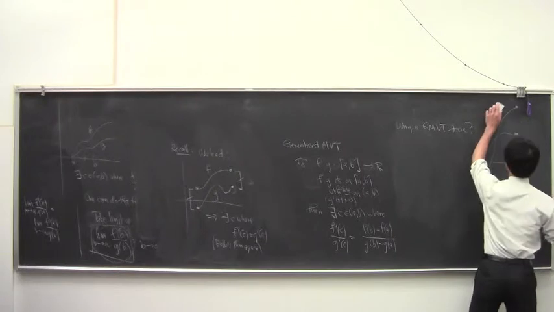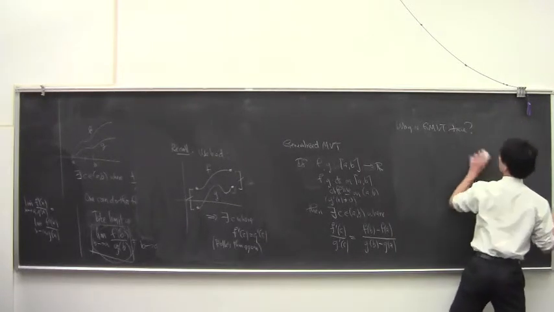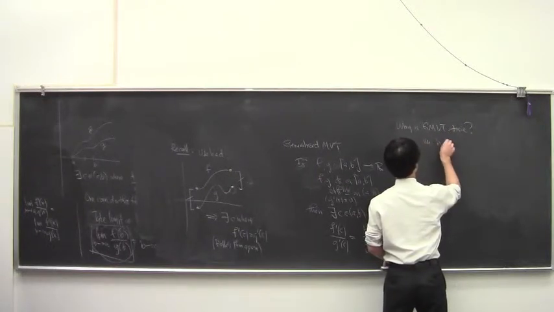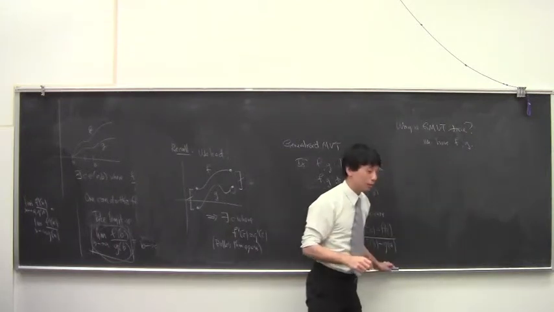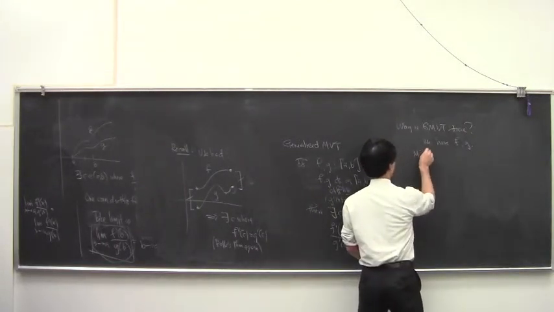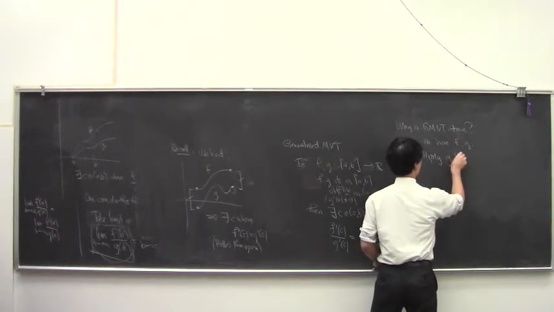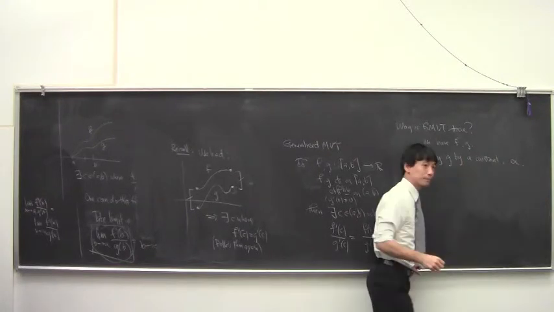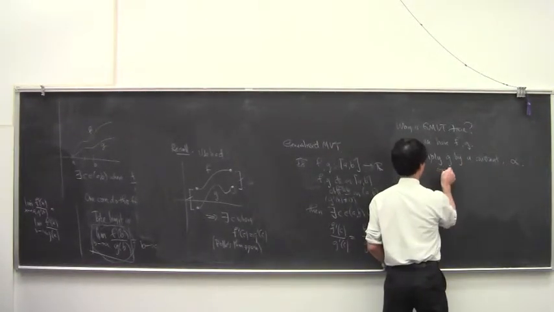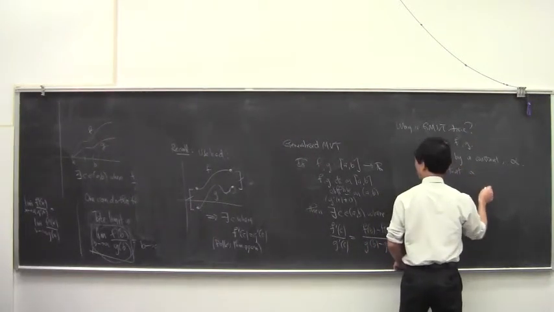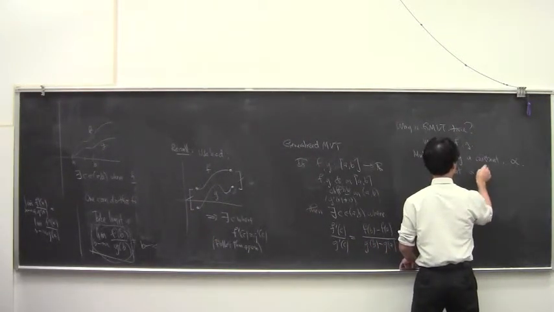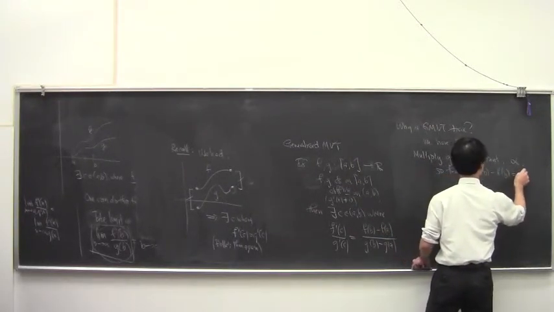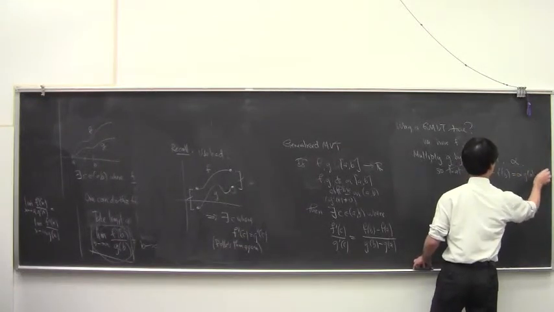Okay, so here's the idea. We're going to twist the functions. So we have f and g, and now what we're going to do is multiply g by a constant, alpha, so that alpha g of b minus f of b equals alpha g of a minus f of a.